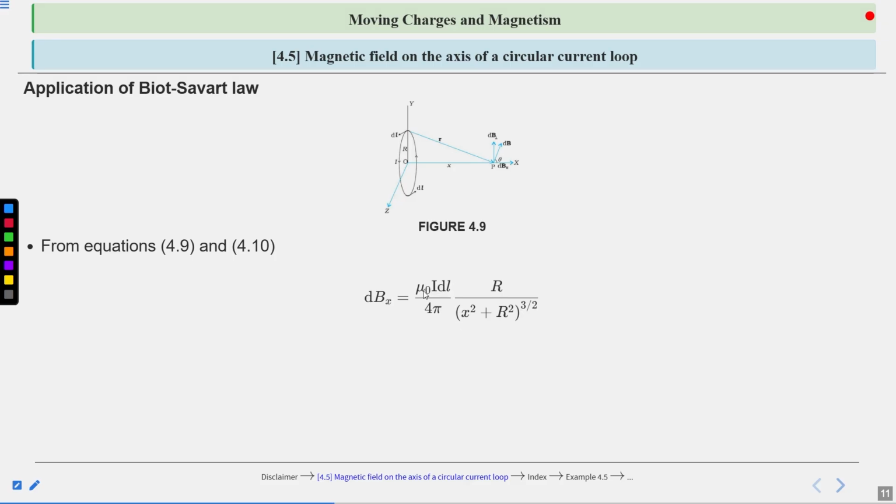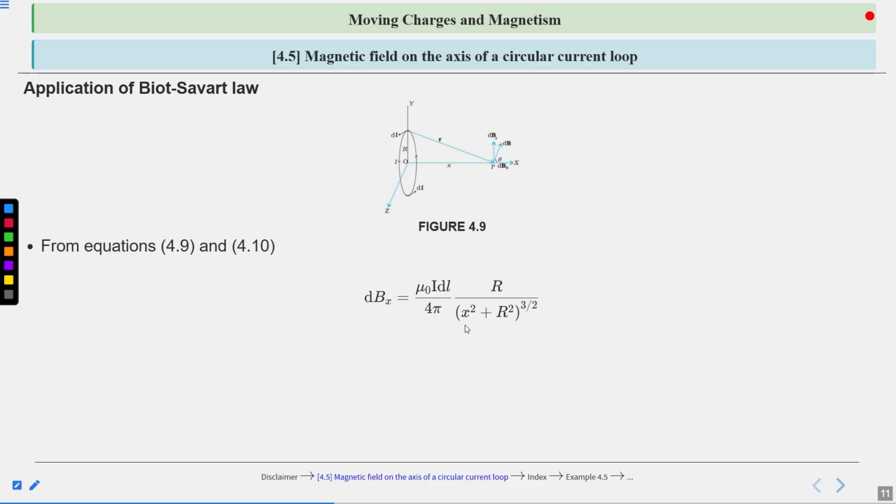What was dB? Mu naught I dl upon 4 pi into x square plus r square. And what was cos theta? R upon x square plus r square raised to power 1 by 2.